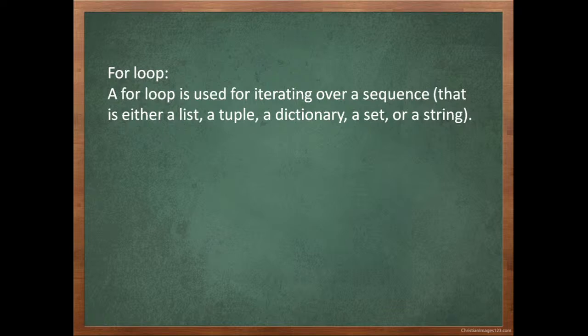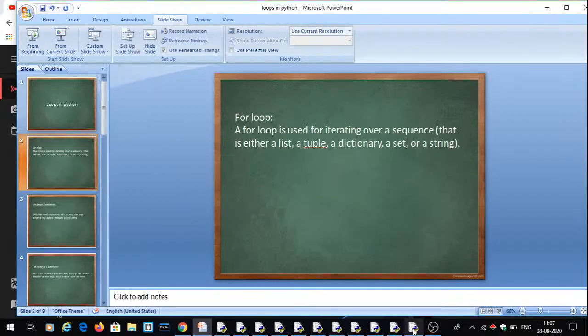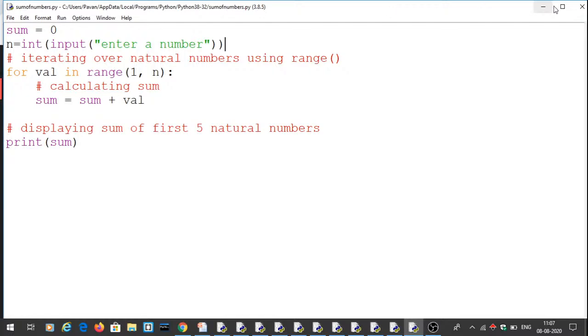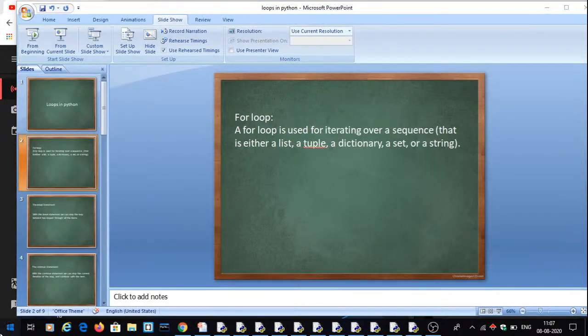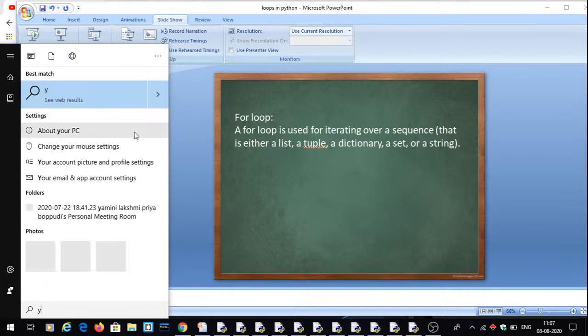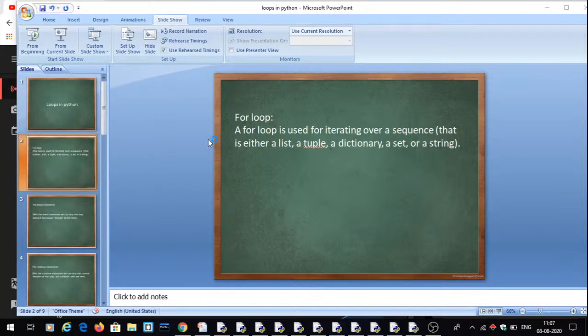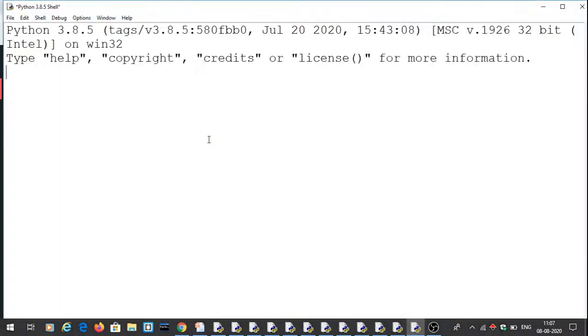So let's see the syntax of the for loop, how we usually write it. In other programming languages, we usually write for i equals 0, i less than n, i plus plus.